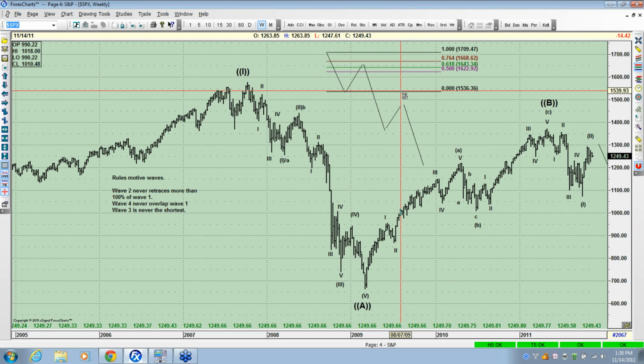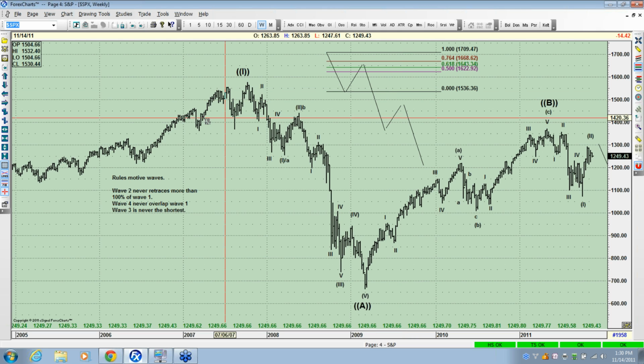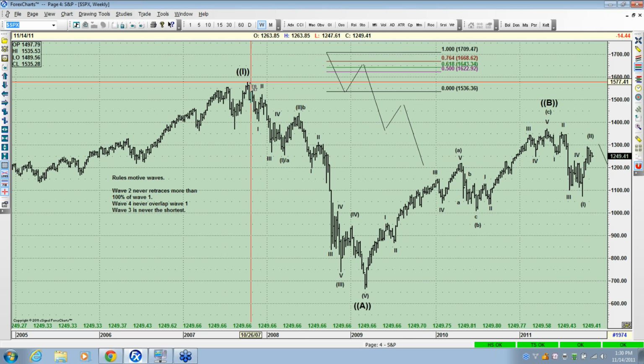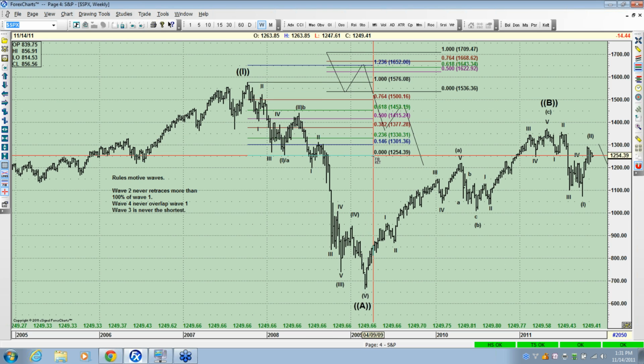How it works is like this. After you see your first 5, you're going to trace the Fibos here, and then you're going to sell at the 50%, at the 61.8, and at the 76.4. Again, what is your risk? Your risk is the top of the first leg. Why?